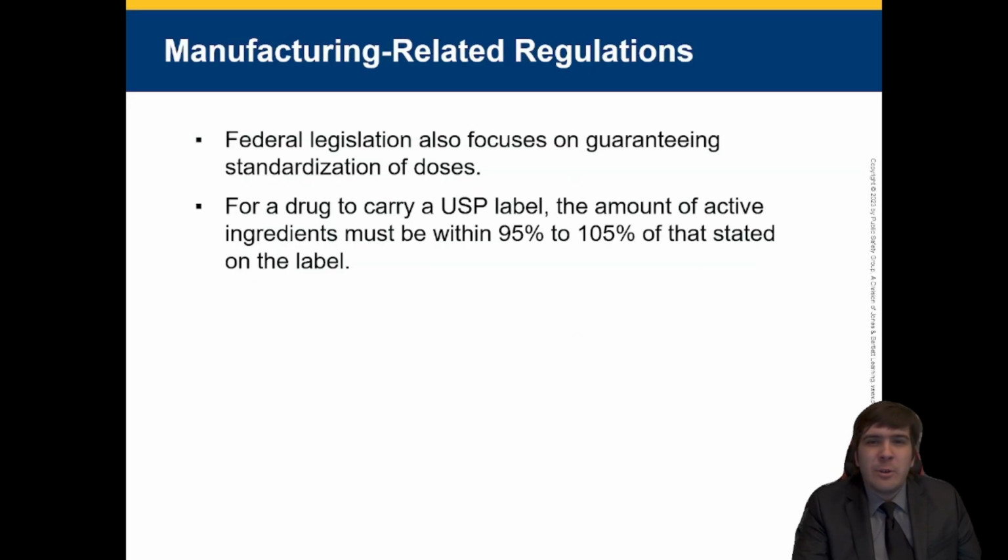Manufacturing-related regulations: federal legislation also focuses on guaranteeing standardization of doses. For a drug to carry the United States Pharmacopoeia label, the amount of active ingredients must be within 95 to 105% of that stated on the label.